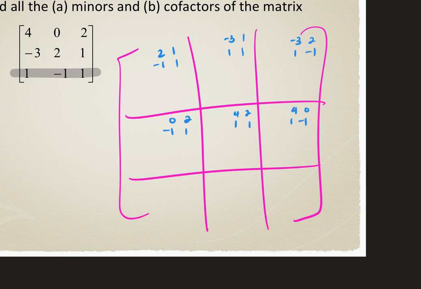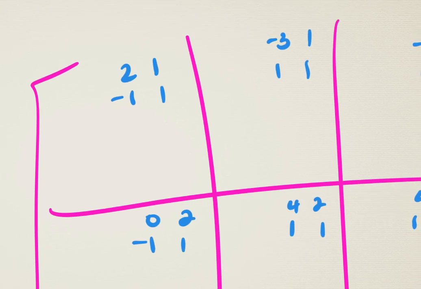Row 3, column 1: 0, 2, 2, 1. Row 3, column 2: 4, 2, -3, 1. And row 3, column 3: 4, 0, -3, 2. And then for each one of those, you're going to do the determinant.